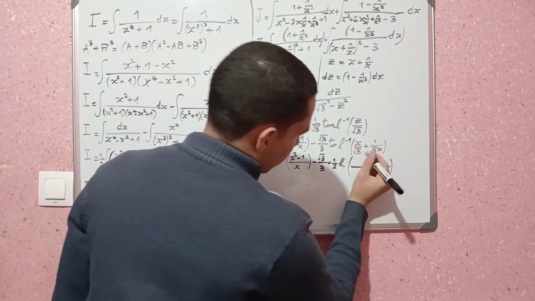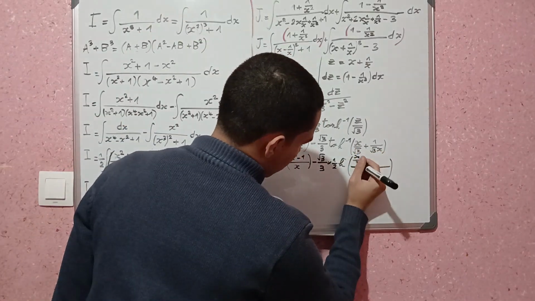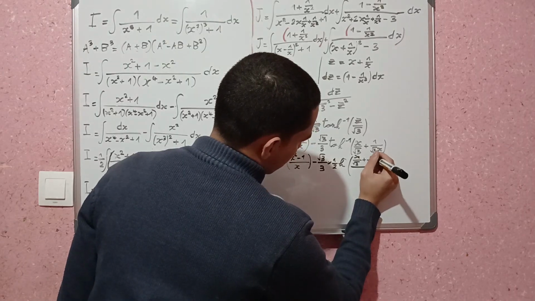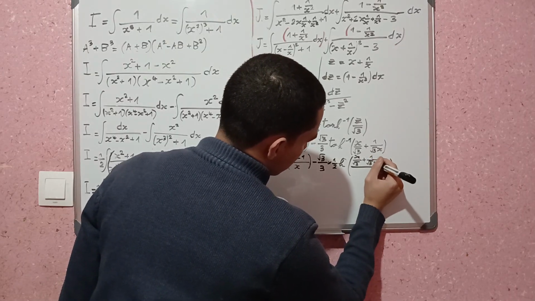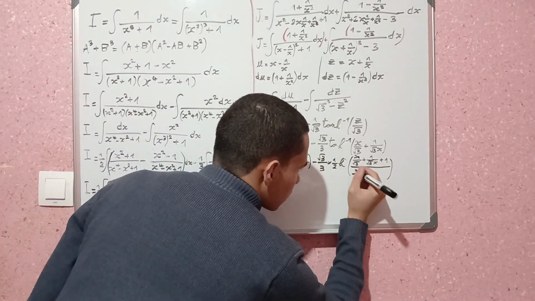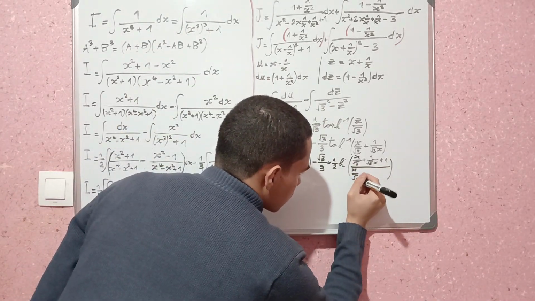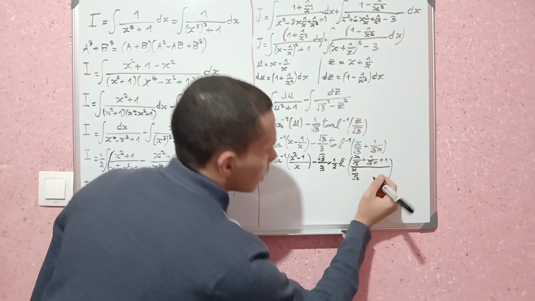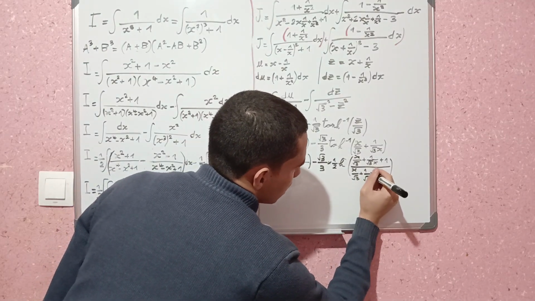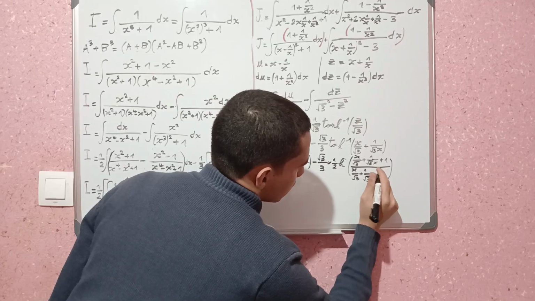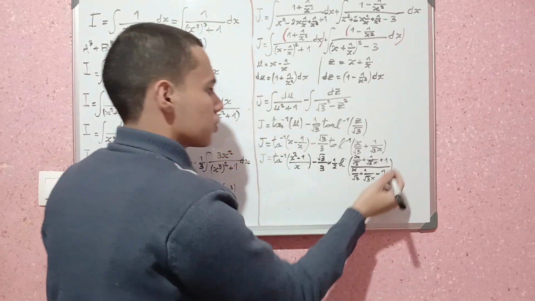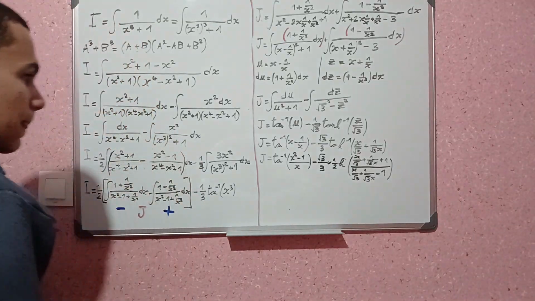This plus 1, so it's x over square root of 3 plus 1 over square root of 3x plus 1. Same for this part, x over x square root of 3 plus 1 over square root of 3x, here x in the denominator, minus 1, so it's plus 1 minus 1.